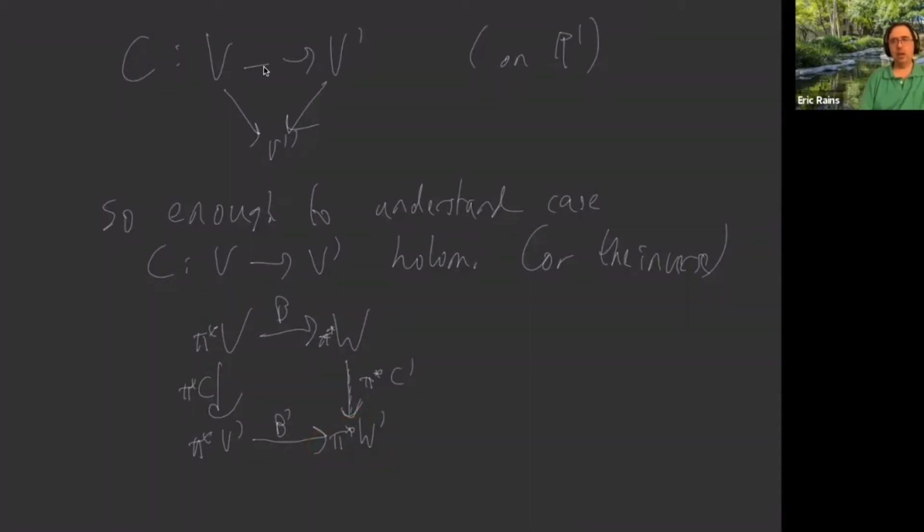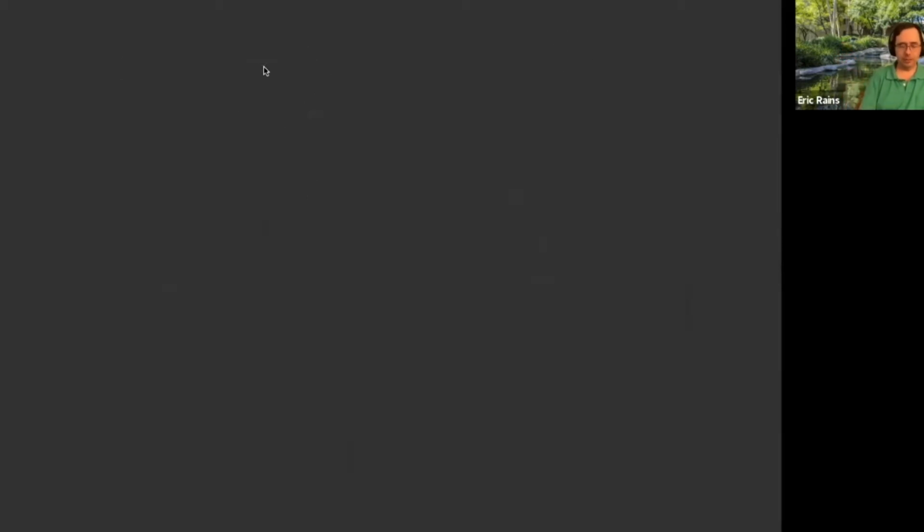Okay, so what does this mean algebraically? Well, of course, we can turn all of our pi upper stars into rho upper stars by the same reasoning as before, with the appropriate twisting.